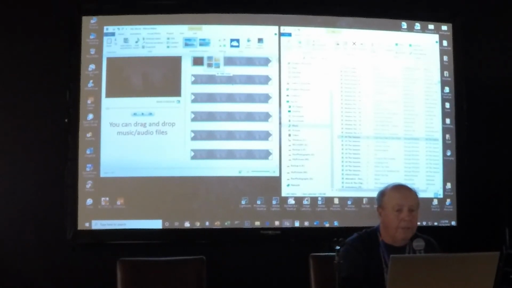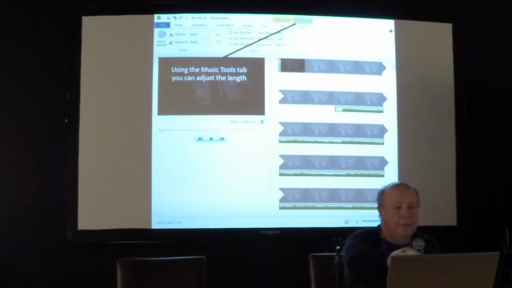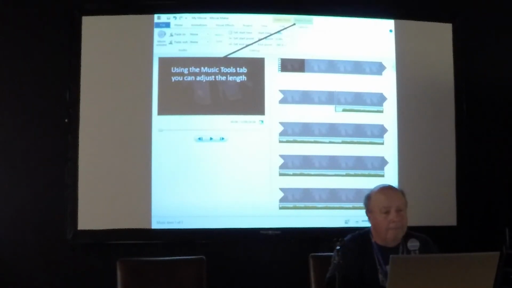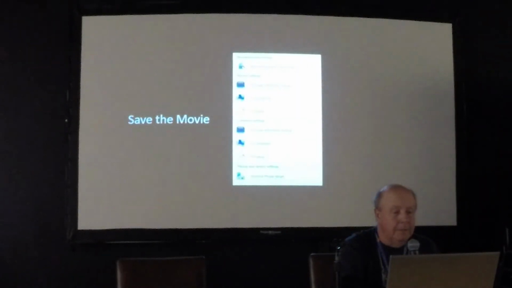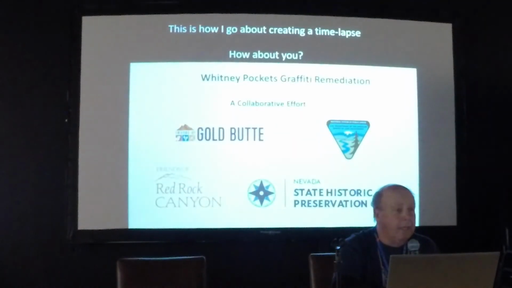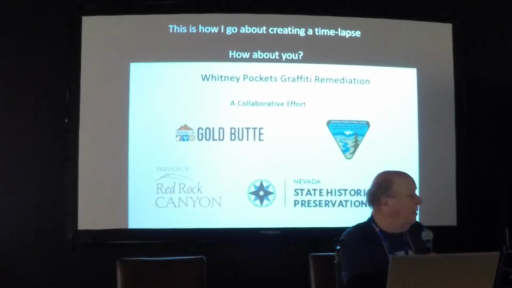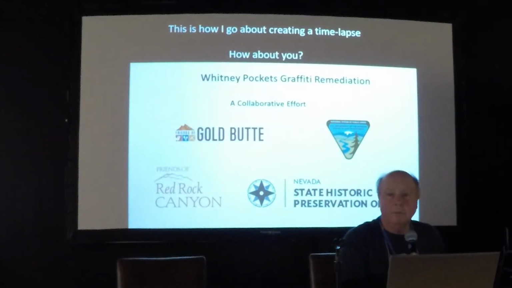With the music tools, you can set when you want it to start and when you want it to stop. Then you can adjust the volume, and then you save the project, and you save the movie, and that's how I do it. Does anybody else do time lapse?